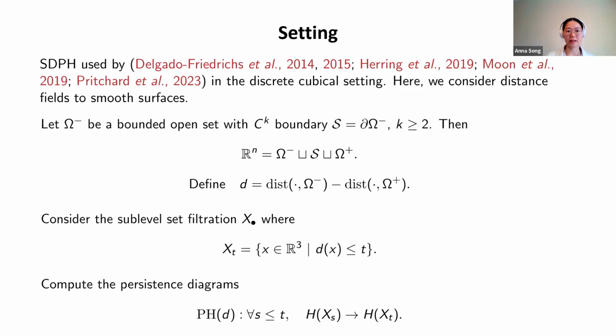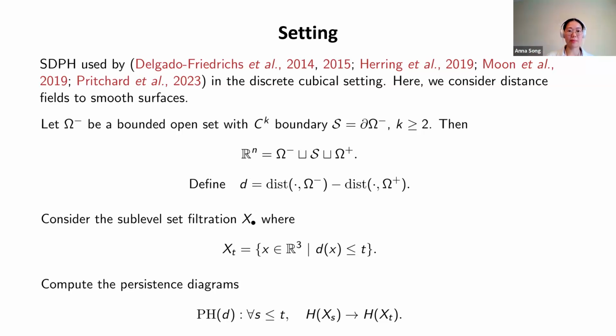And SDPH already appeared in multiple papers in the discrete setting, especially for the study of porous rocks, porous materials, and also sponge's bone more recently. Here, however, we are interested first in understanding it in a smooth setting, more precisely in the setting of distance to smooth surfaces.